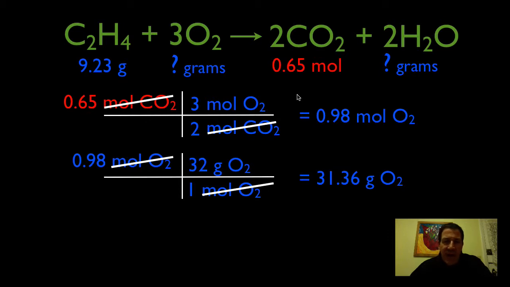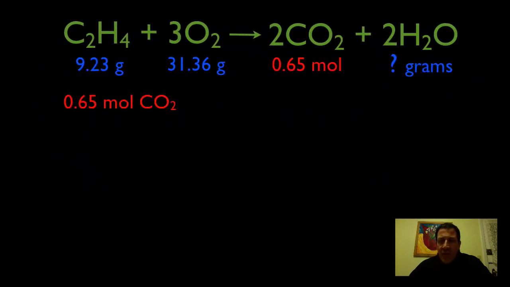So in order to react 9.23 grams of ethylene, we're going to need, in this case, 31.36 grams of oxygen, which is going to give us 0.65 moles of carbon dioxide. But we also want to know how many grams of water. So we're going to do the same thing one more time.